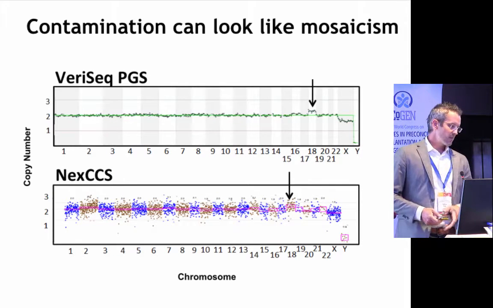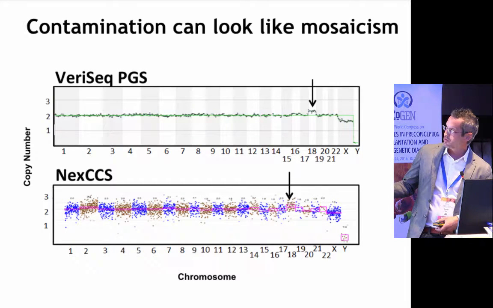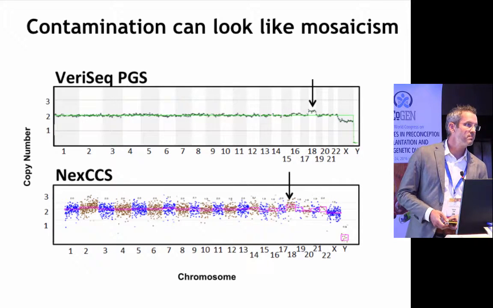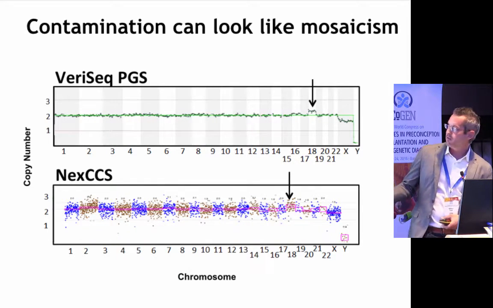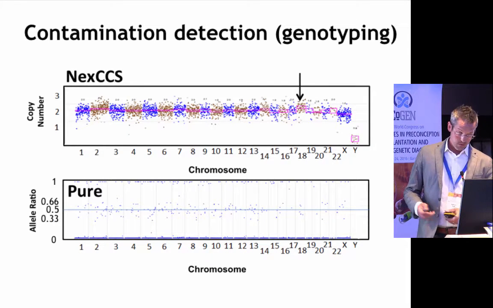There are other explanations in these situations where you see these intermediate log2 ratios or copy number assignments that don't actually fall in what you might consider a normal range or the uniform aneuploid range. And when you only have copy number analysis, you might interpret this as a mosaic embryo. But actually, these are samples where we purposefully contaminated them to show that they can contribute to these intermediate levels. And without having genotype data, which you actually can produce with an alternative methodology, you would probably predict this embryo to be mosaic.